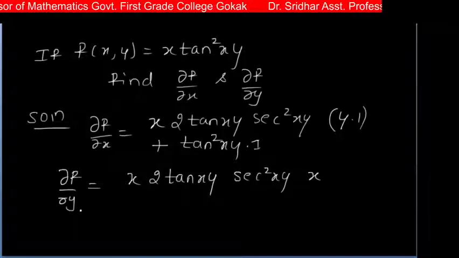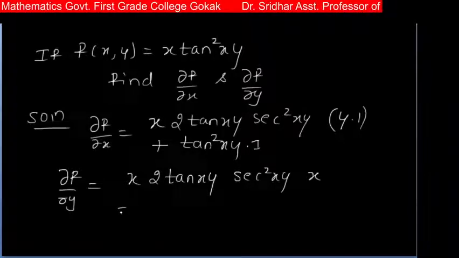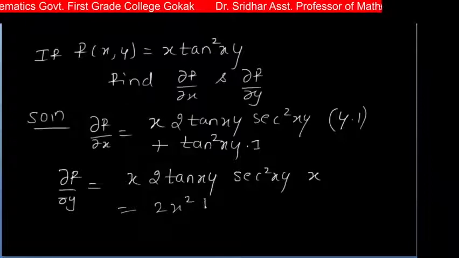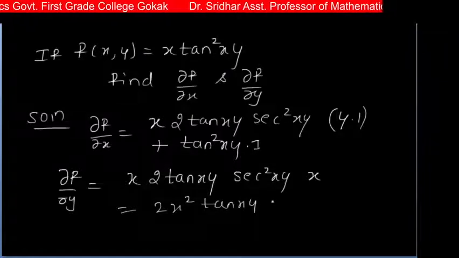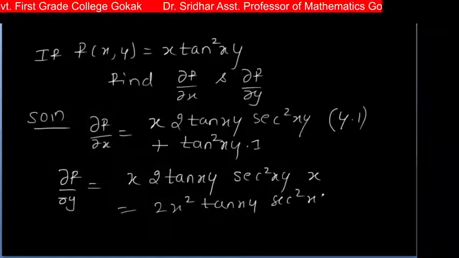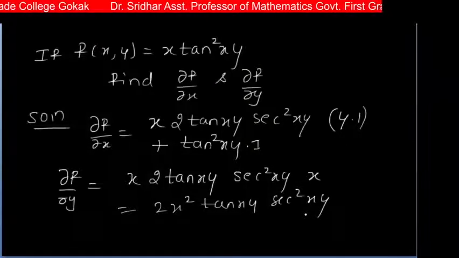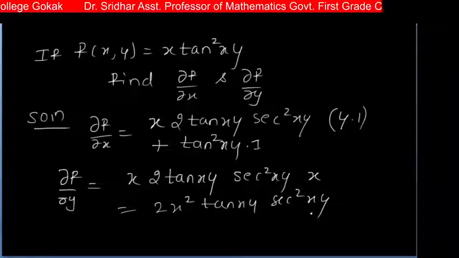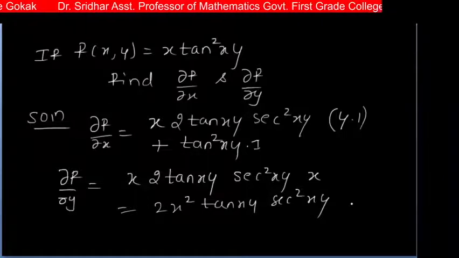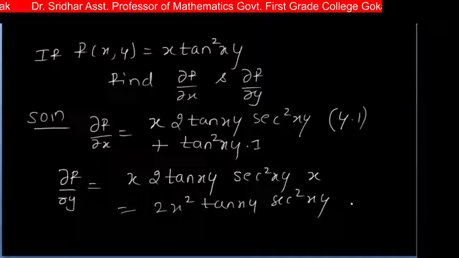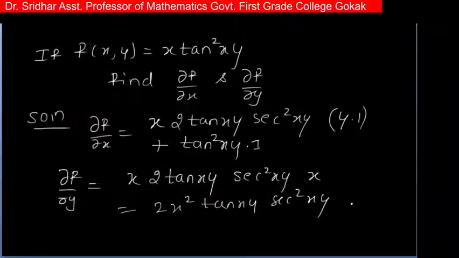The differentiation of y with respect to y is 1. So this is 2x square tan xy sec square xy. Okay, so this is the partial differentiation with respect to x and y.